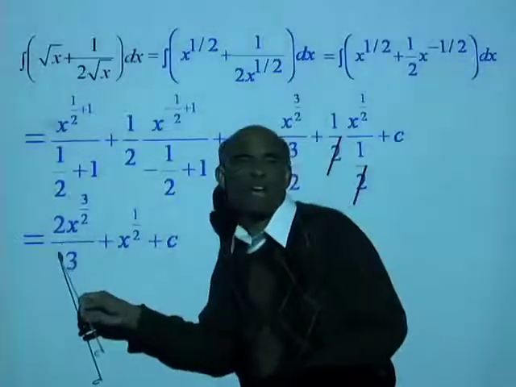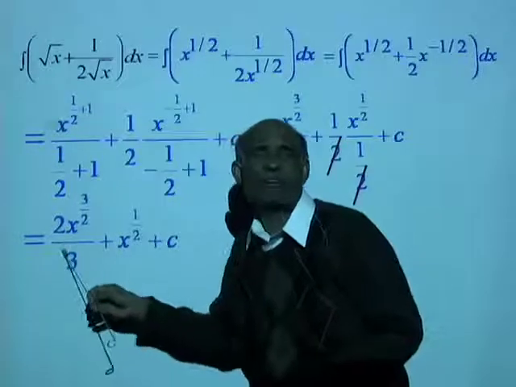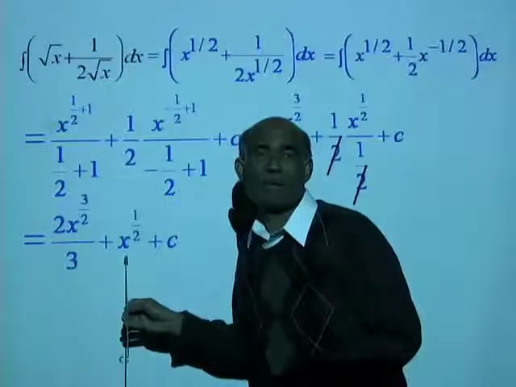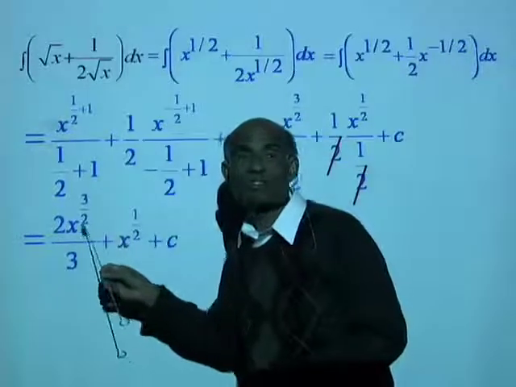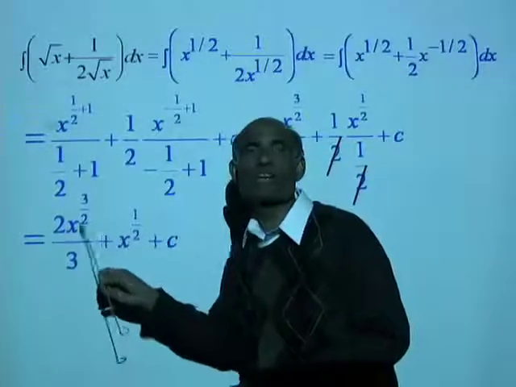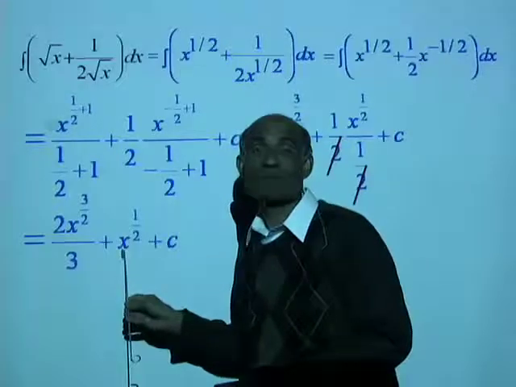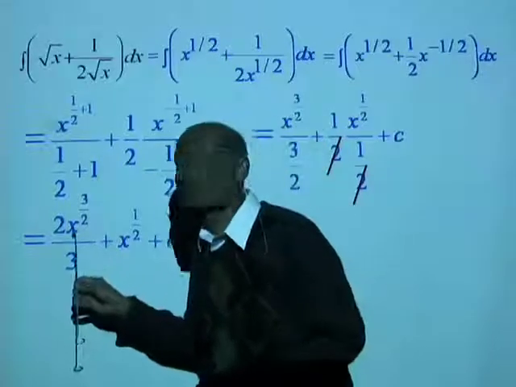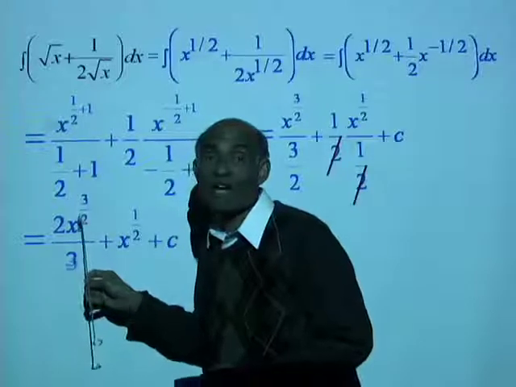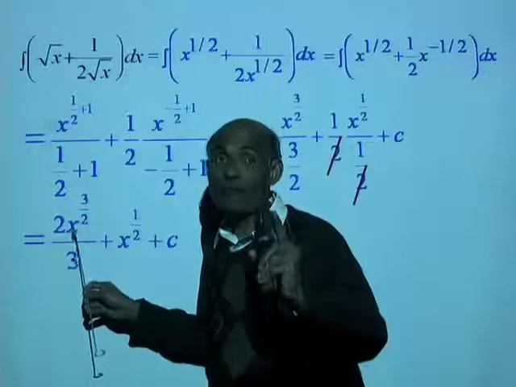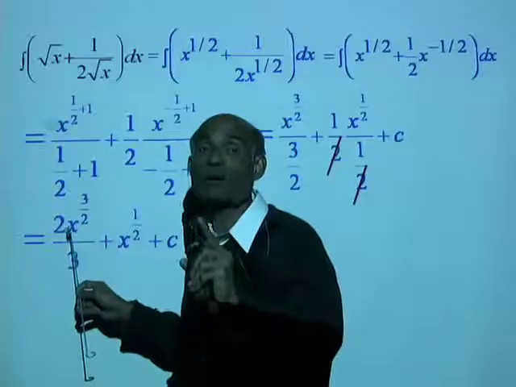Now this is a rather shabby way of leaving an answer. The best way will be to try and factor out. Can you tell me what is common in these two terms? You must understand x to the power of 3 over 2 can be written as x to the power of 1 times x to the power of 1/2.